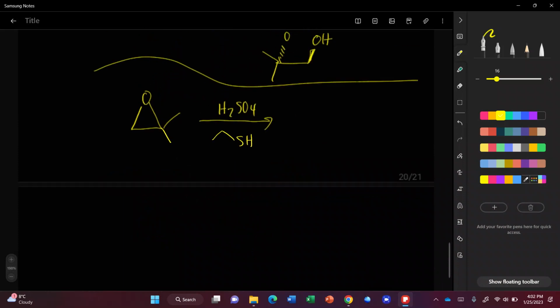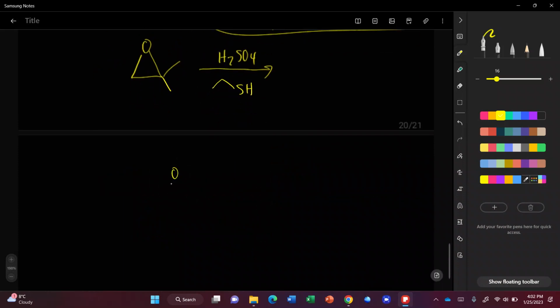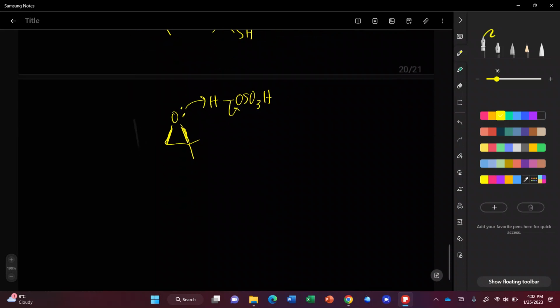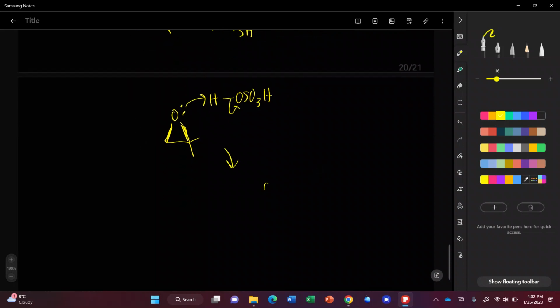And it's going to be the same type of thing, right? First step. Okay, your oxygen is nucleophilic, so you're going to protonate that thing. Okay, that gets me to here.